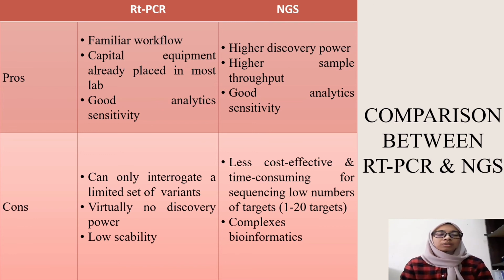For the cons of RT-PCR, it can only interrogate a limited set of variants, has virtually no discovery power, and less scalability. While for NGS, it is less cost-effective and time-consuming for sequencing low numbers of targets, from 1 to 20 targets, and it also has complex bioinformatics.